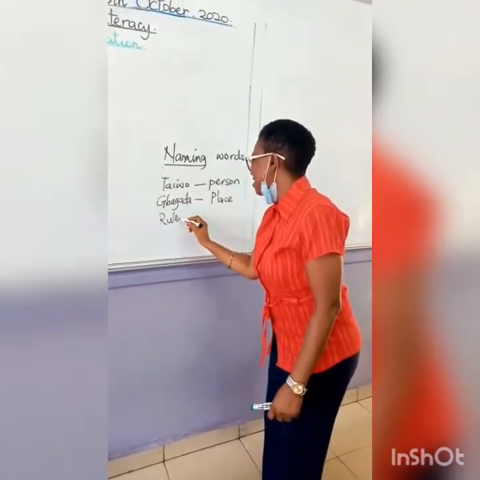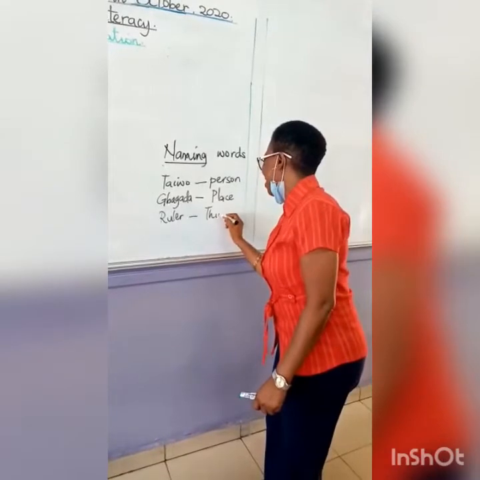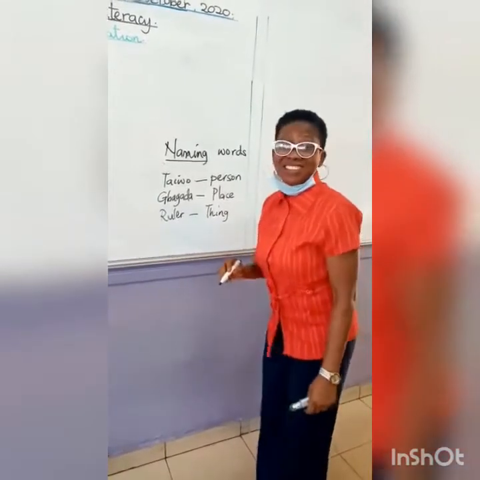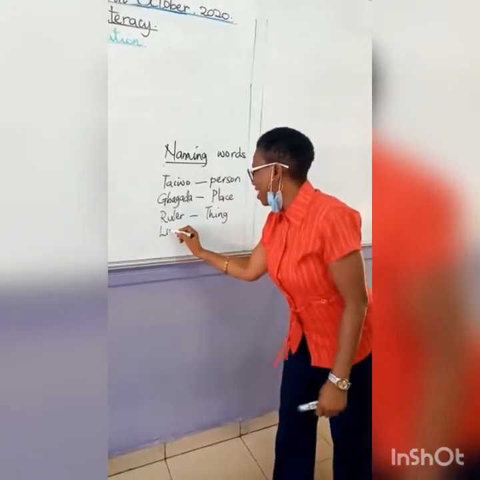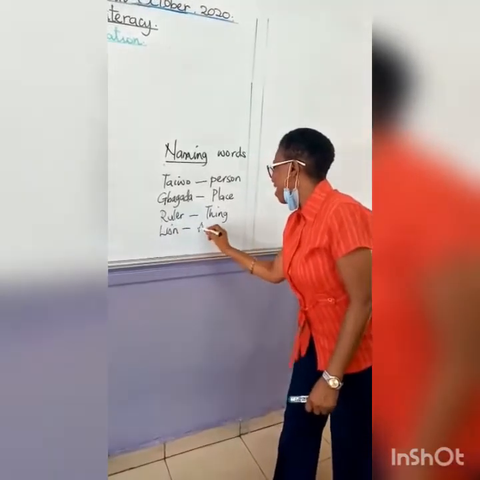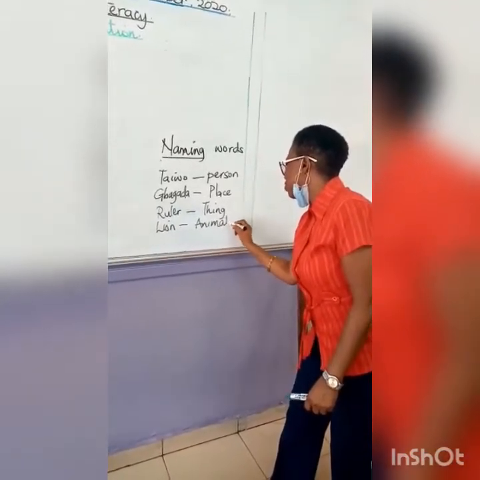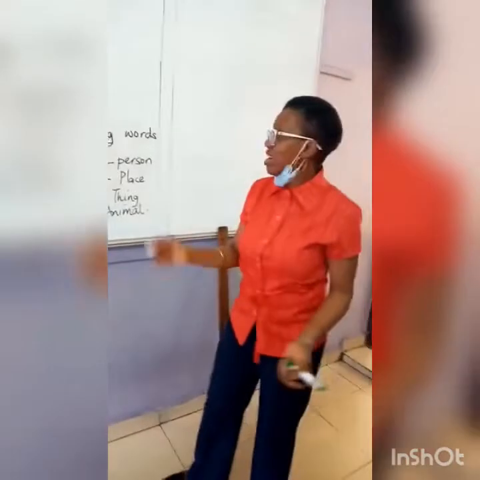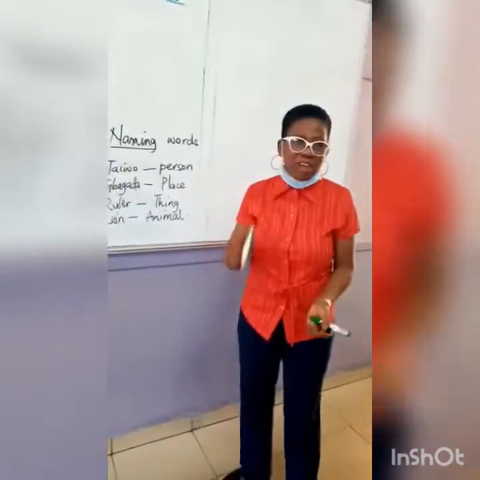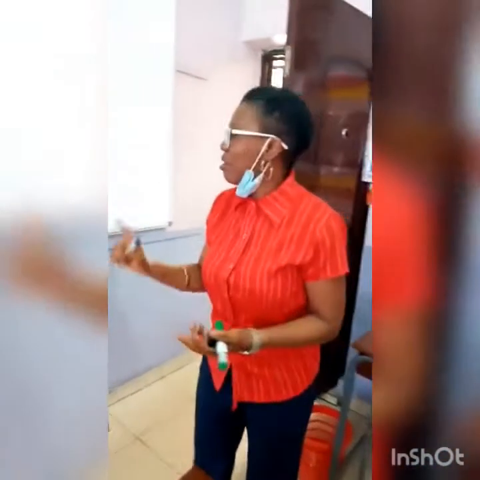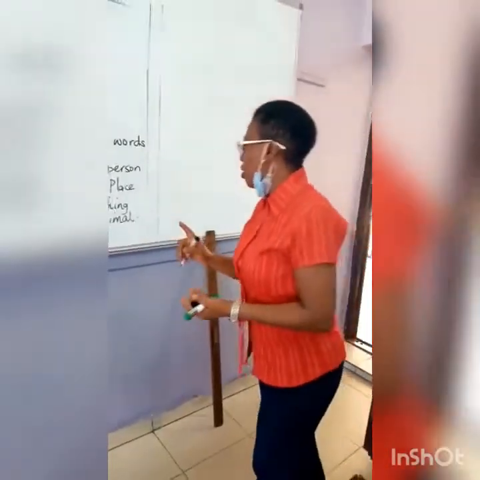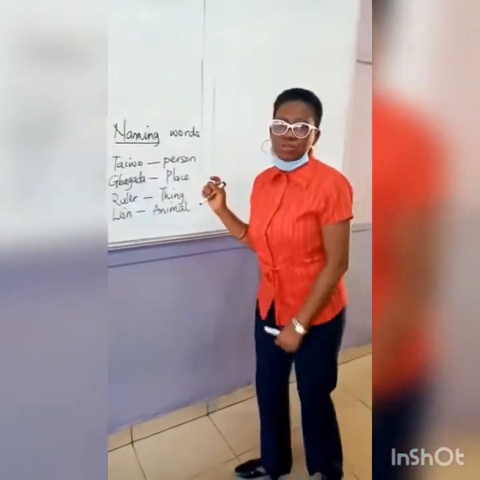Ruler, and that is a thing. Lion, and that's an animal. So in a nutshell, a noun is the name of any person, place, thing, or animal.